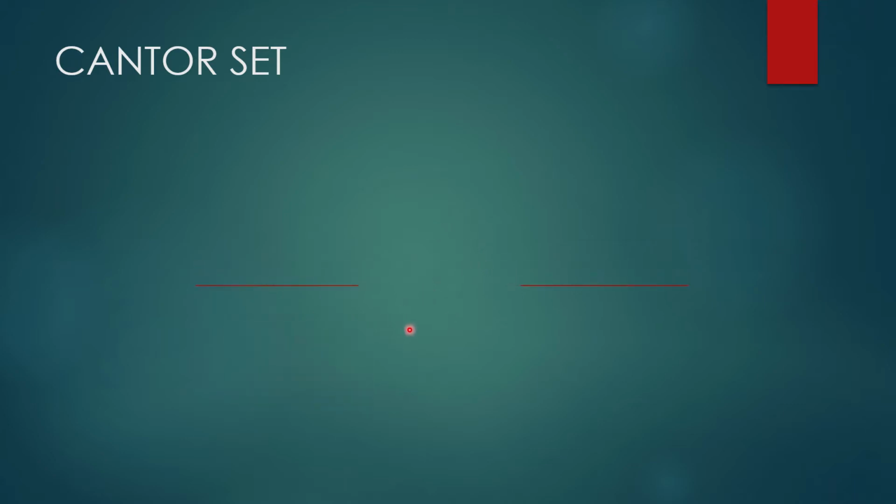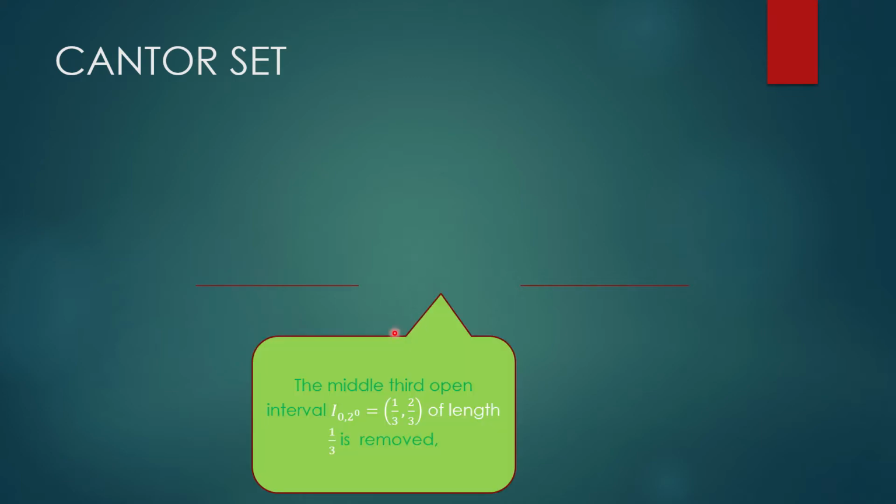Then from this closed unit interval, we are going to remove the middle third open interval. The middle third open interval is named I01, and that is exactly equal to (1/3, 2/3). It has length 1/3. The remaining set also has length 1/3 on each side, and the removed one is also 1/3.